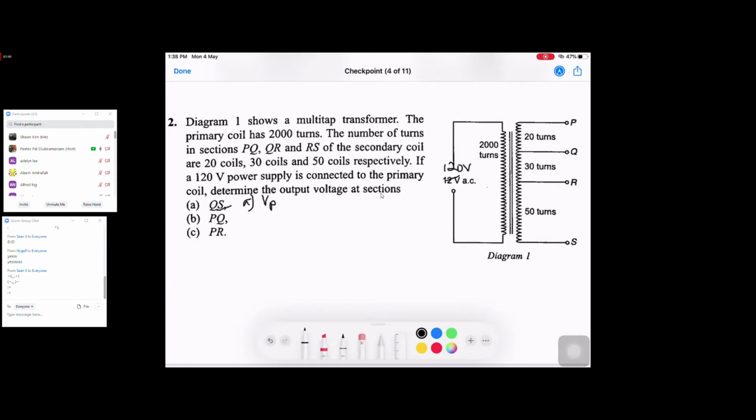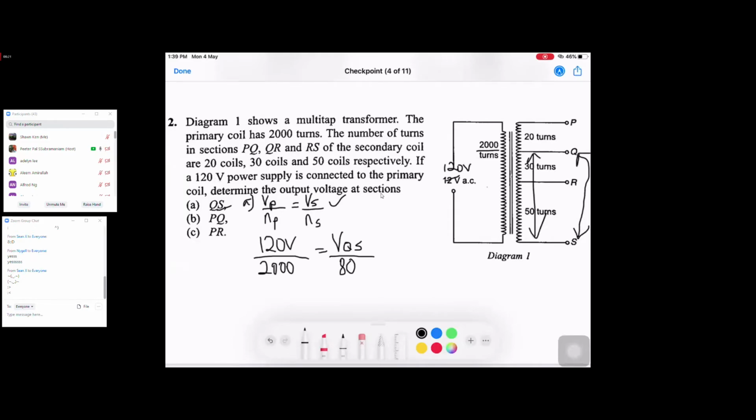So A, primary voltage over number of turns equals secondary voltage over number of turns. Primary is 120 volt. Number of turns in primary is fixed at 2,000. Secondary now is QS, Q to S. We do not know the voltage, but we know the number of turns from Q to S is 80.